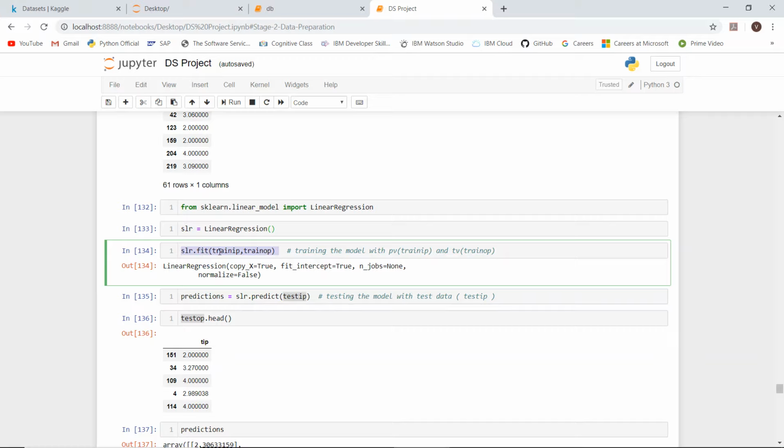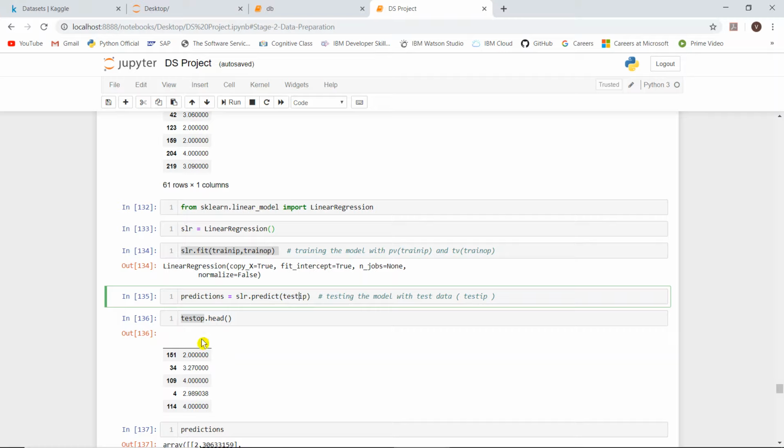So the model will learn from this data. The parameters the model learns are the coefficient, otherwise called the slope, m, and c, the intercept.